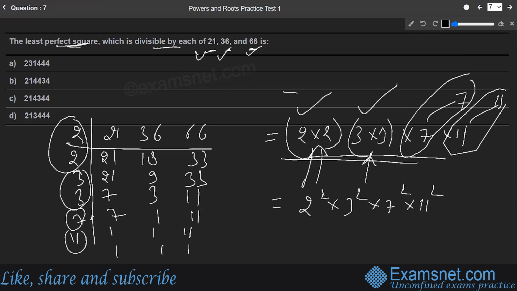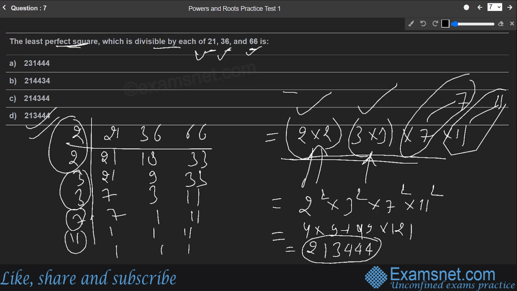So how much do we have to multiply? By 77, that is 7 into 11. The product becomes 4 into 9 into 49 into 121. If you multiply this together, it comes out to be 213,444, which is available in option D. That is the right answer for us.